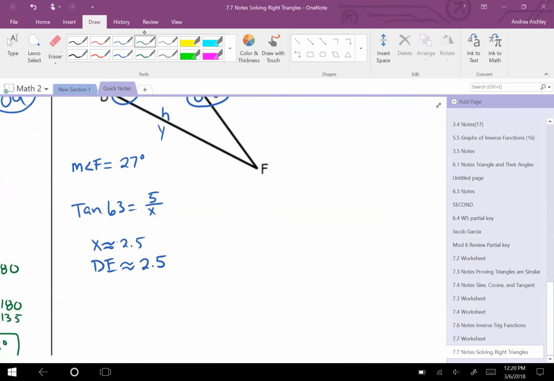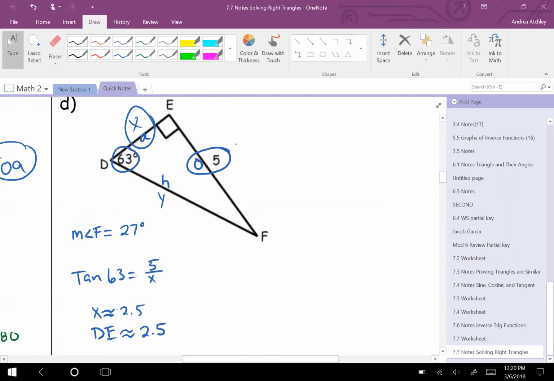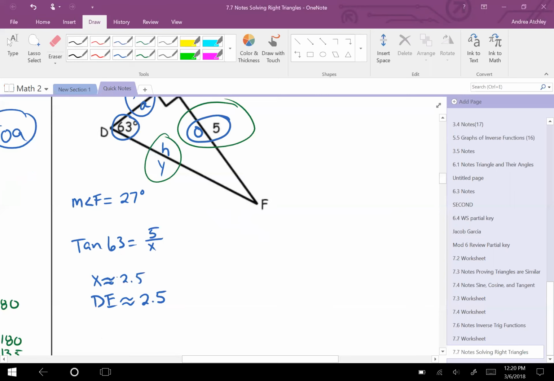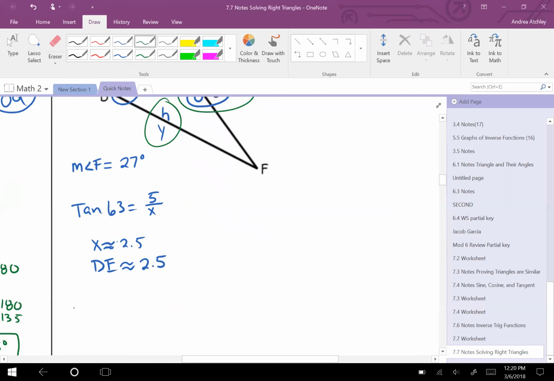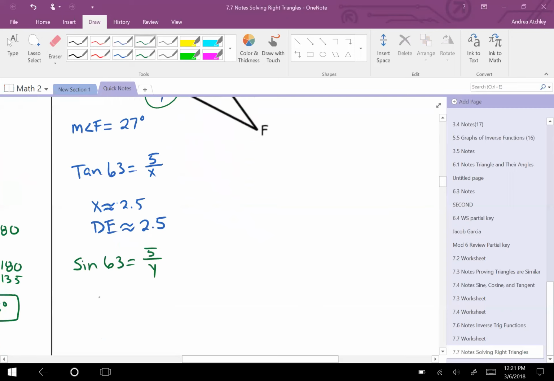To find the other side, you're still going to use the 5, and now I have to use the hypotenuse to find the y. So that would be sine. So you would have the sine of 63 equals the opposite of 5 over the hypotenuse of y. When you solve that, you would get y is about 5.6.